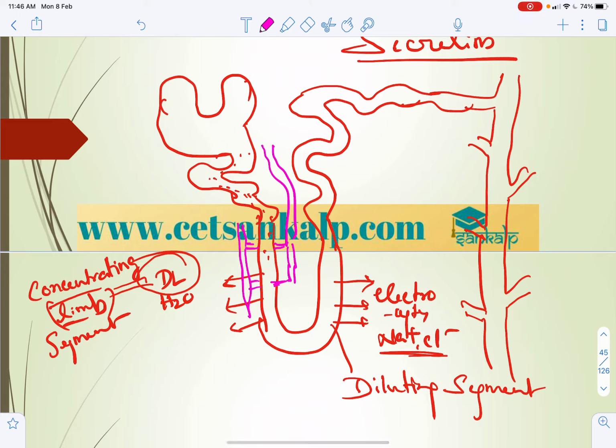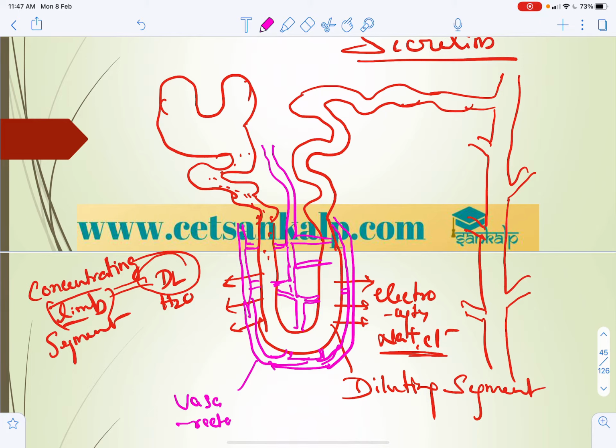So this vasa recta, along with the limb of the endless loop, together forms a special association, or you can say arrangement, which is involved in what is called the countercurrent system. So this is the vasa recta and the endless loop.